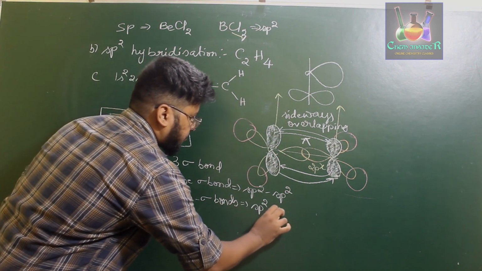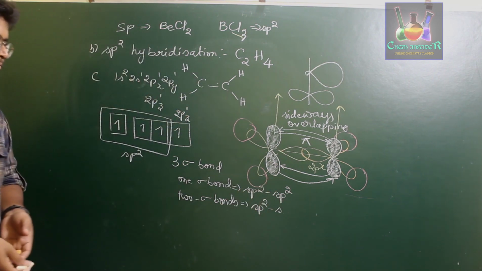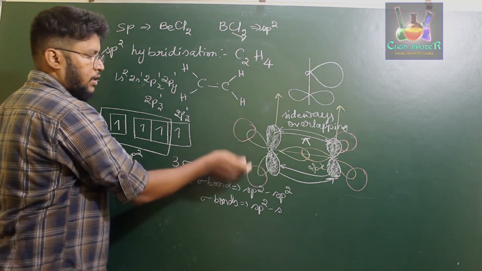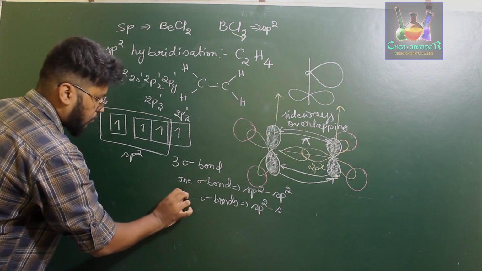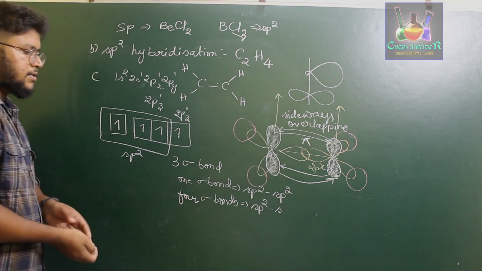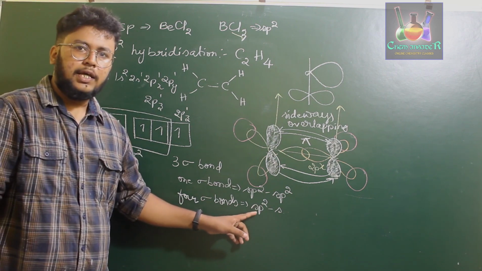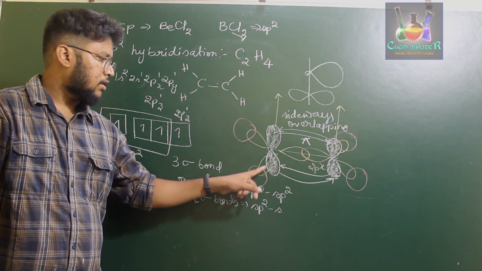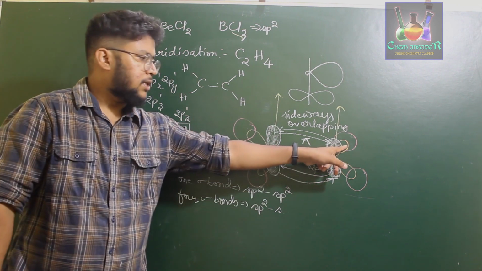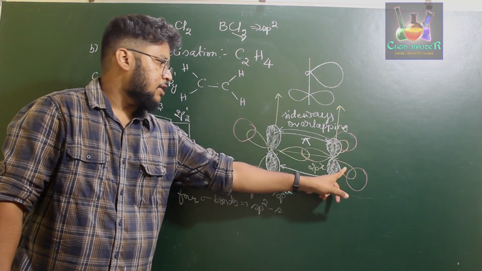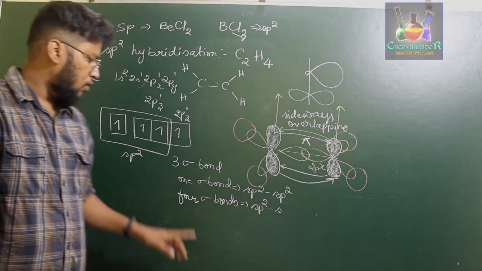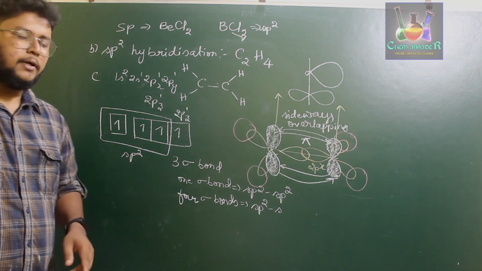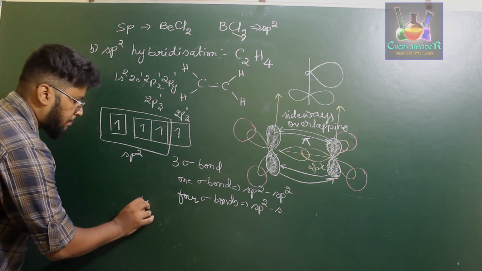Sorry, 4 sigma bonds, one with each on these sides, are because of the sp2-s overlapping, that is, sp2 of carbon with the s of hydrogen. So 4 sigma bonds because of the sp2-s overlapping, and 1 pi bond.